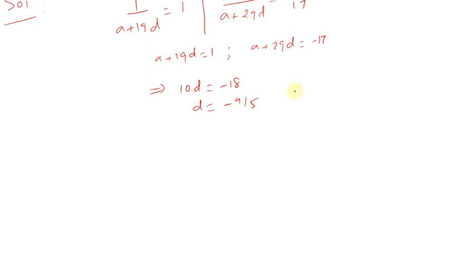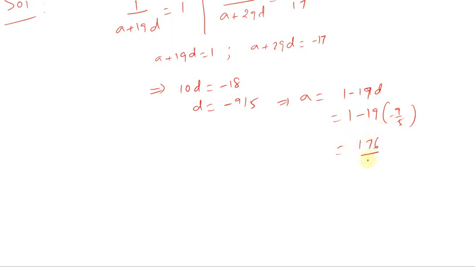So this implies A is equal to 1 minus 19D. So what are you getting? 1 minus 19 into D, which is minus 9 by 5. So you are getting this is 176 by 5. Yes. Now come to the question.